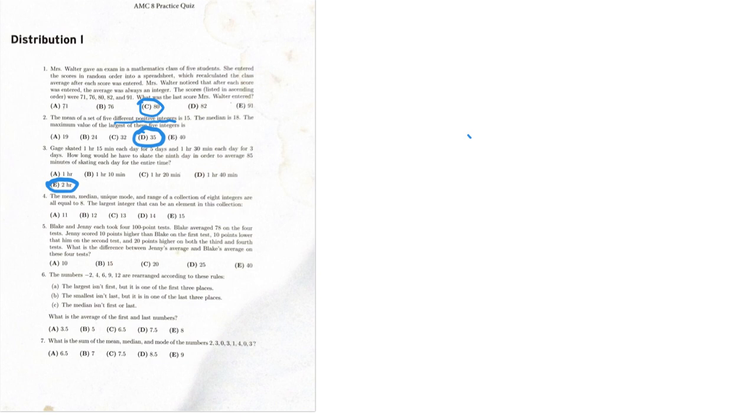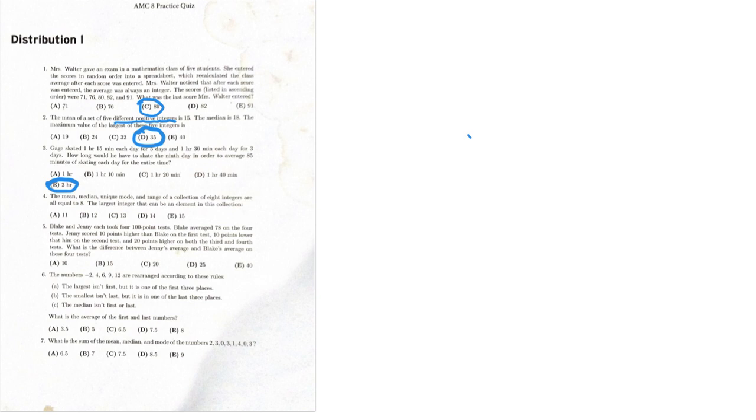Number 4, this is the 2002 AMC 10A problem 21. The mean, median, unique mode, and range of a collection of 8 integers are equal to 8. The largest integer that can be an element in this collection is.